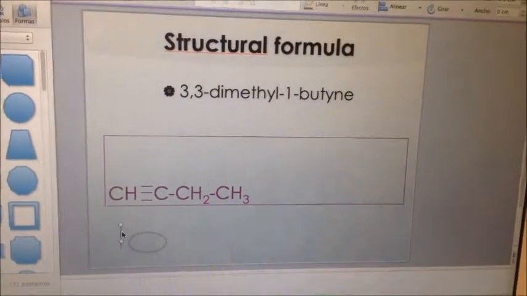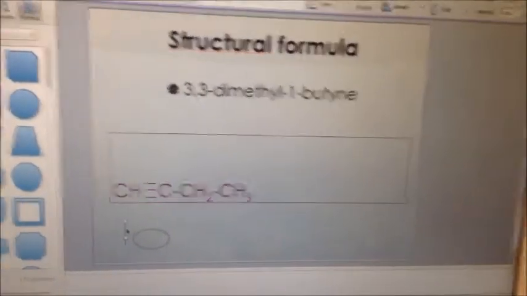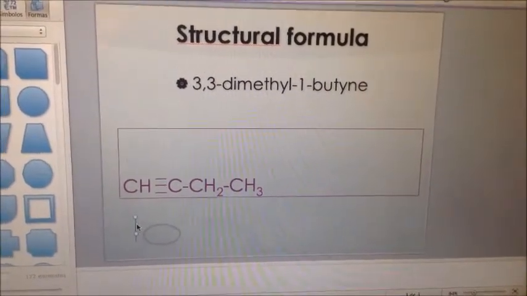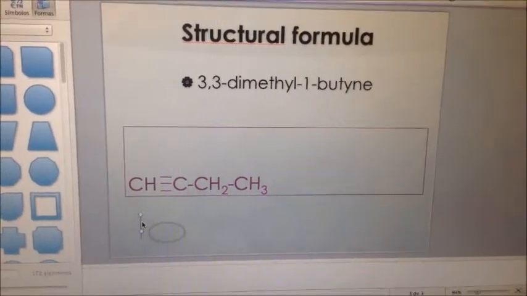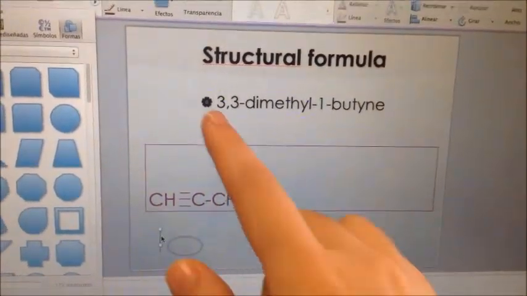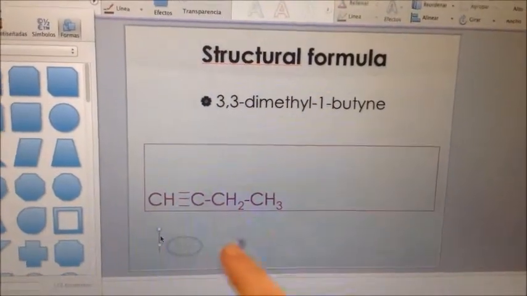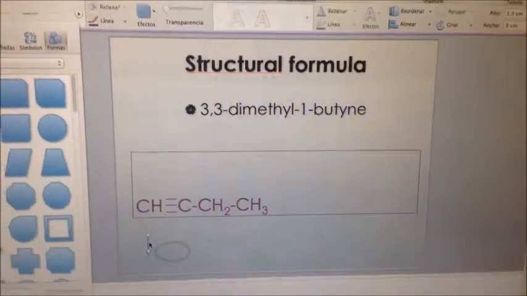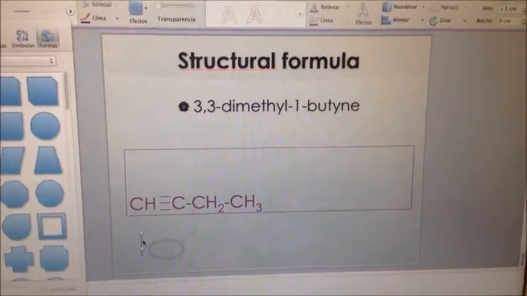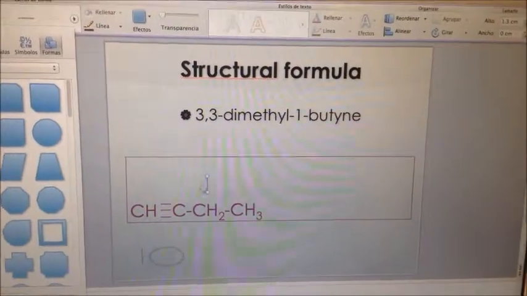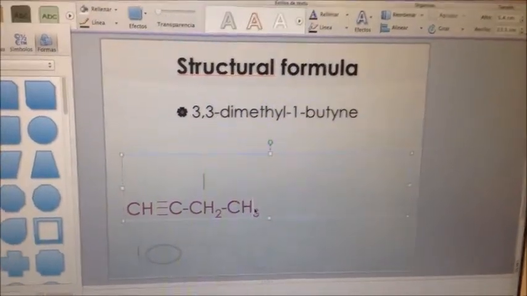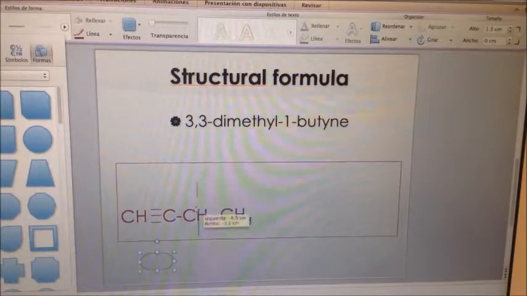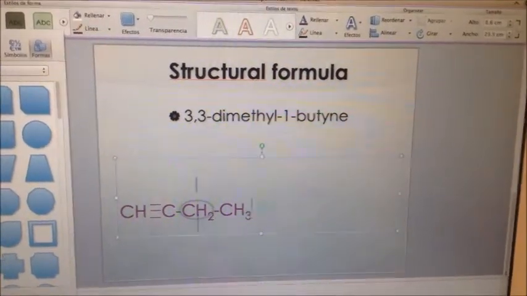Now that we have written the 4 carbons of the butene, we have to count the carbons for locating correctly the substituents, because we have already written correctly the double bond. So we count 1, 2, 3, as I said, 3. So the location of the substituents will be here. Di means the prefix of 2. Methyl is only 1 carbon, so we put the branches correctly, and recognize in which place it is.